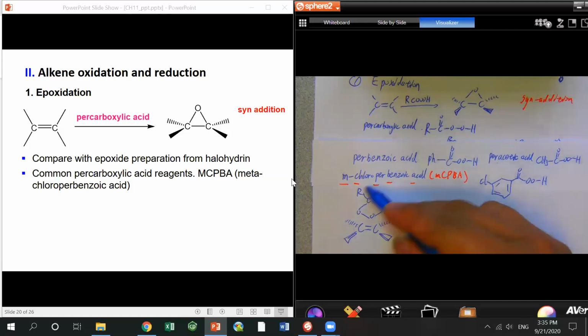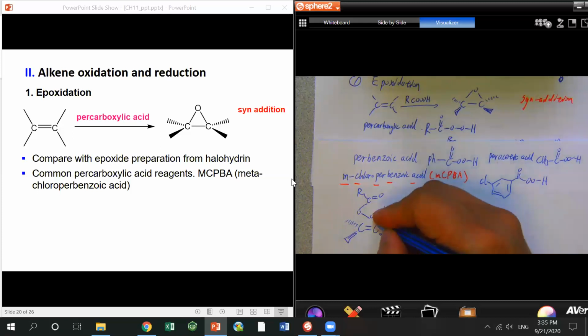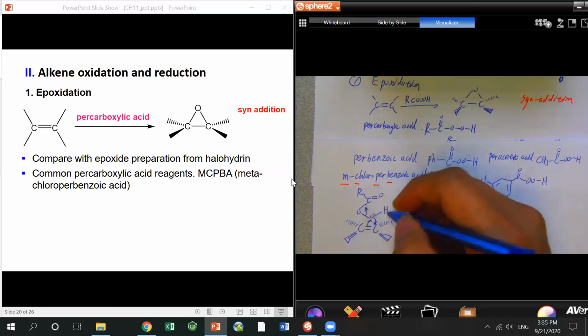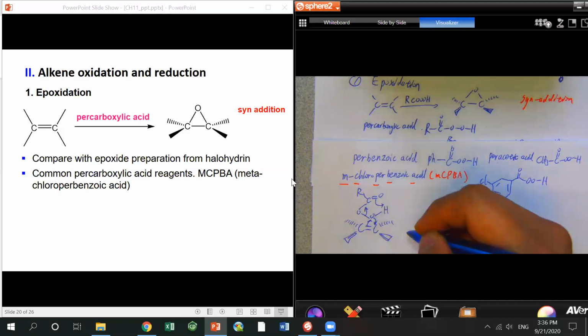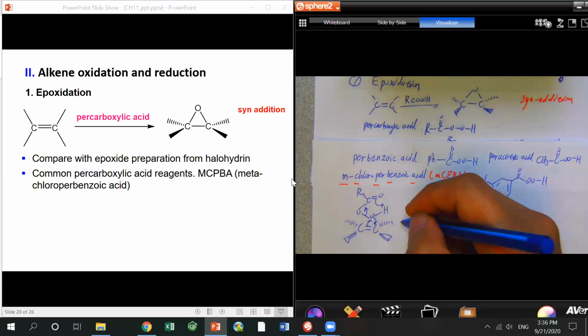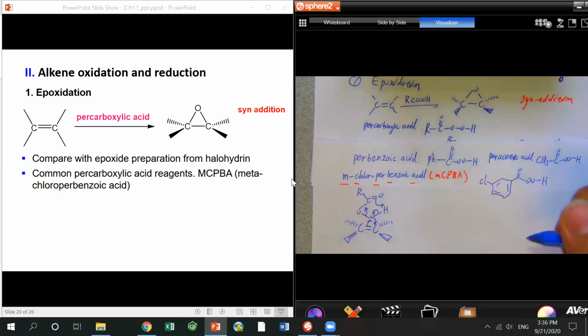You shift the electrons: first the lone pair on this oxygen shifts to here, and then the shared C-C bond electrons go to these carbons, so you build up a triangle. Meanwhile the shared electrons between the two oxygens shift to the carbon-oxygen, and the shared electrons between carbon and oxygen shift here and pick up the proton, eventually giving the O-H bond.